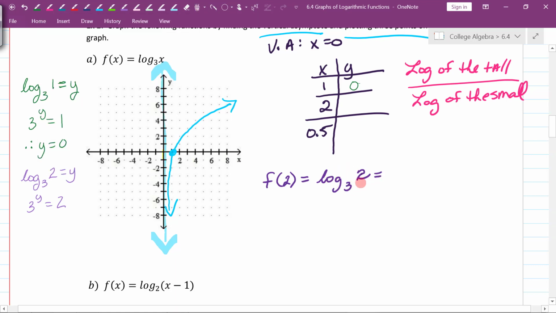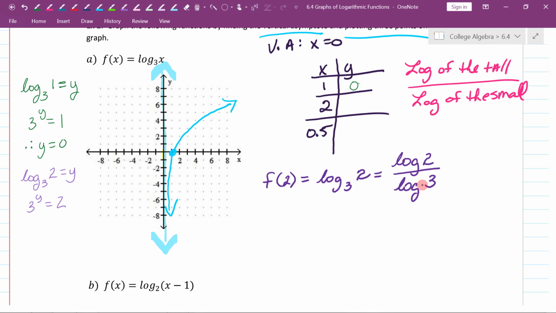Log base 3 of 2 is equal to log base 10 of 2 divided by log base 10 of 3. It doesn't have to be base 10, it just has to be the same base. So it could be base 2, 3, 4, 5, but your calculator only does a 10 or an e.